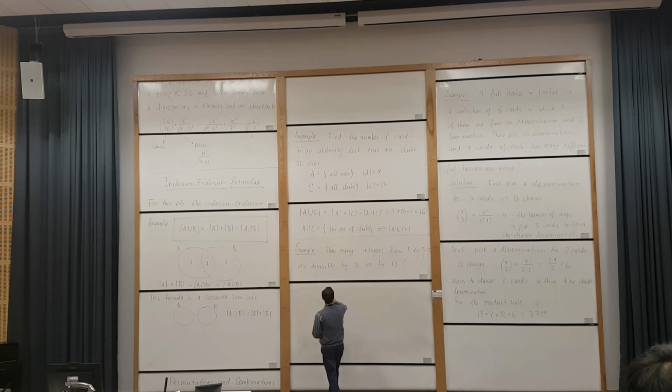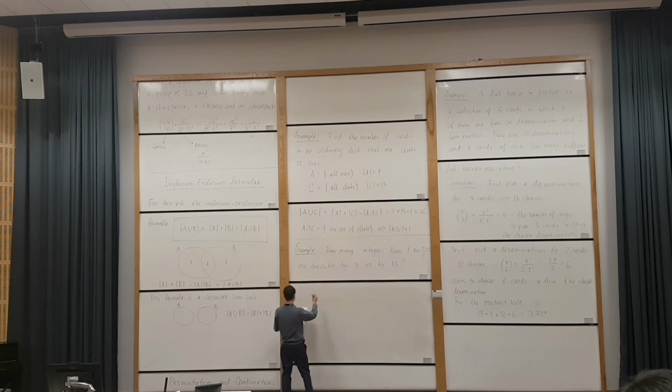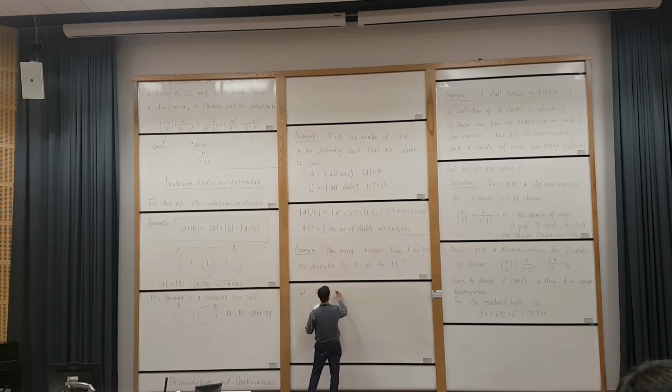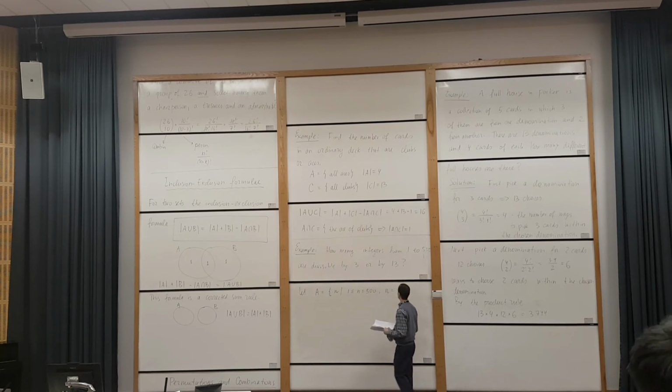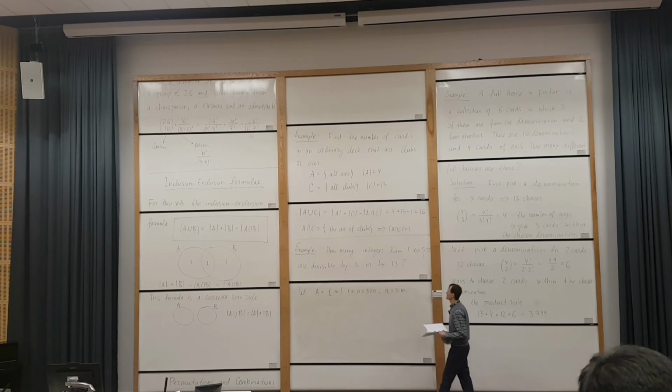So firstly, there are numbers which are divisible by 3. So let this be the set A, right? That consists of integers n such that the integer n has to be between 1 and 500. And n is divisible by 3 means that it looks like 3 times some other integer.